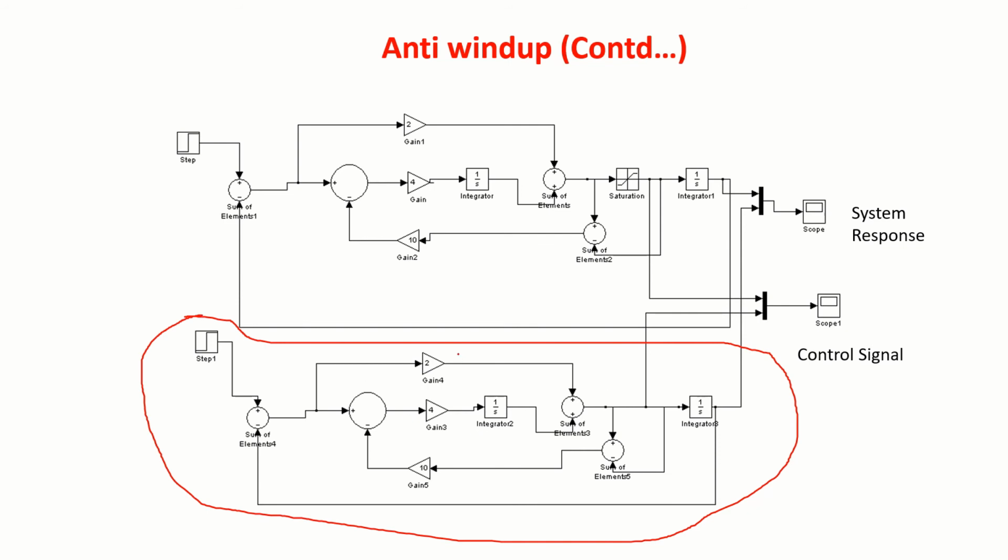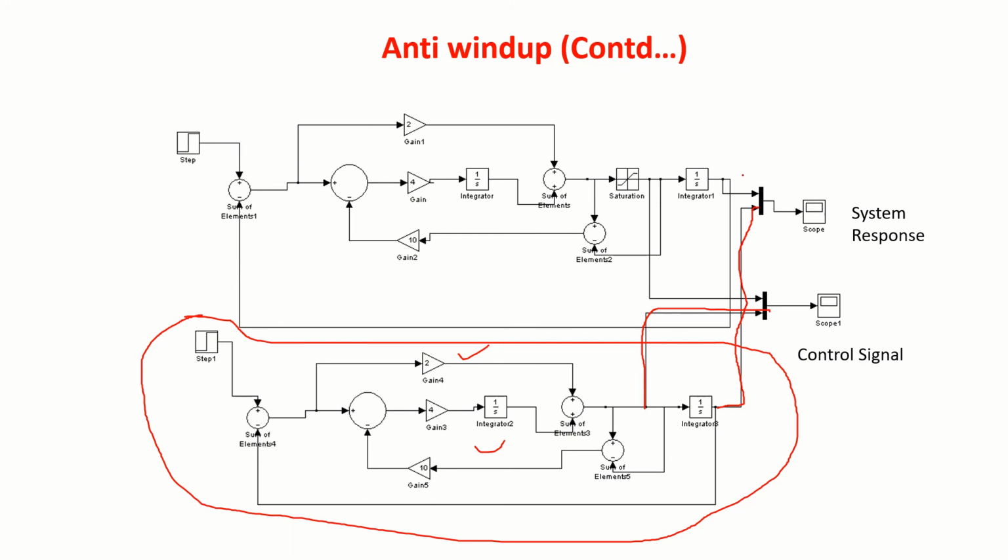This is the proportional controller, this is the integral controller, and this is the plant. This is without any saturation or anti-windup. Here I have tapped the controller output and connected it here, and I have tapped the process output and connected it here.